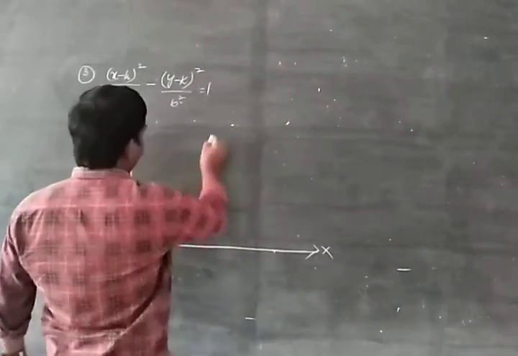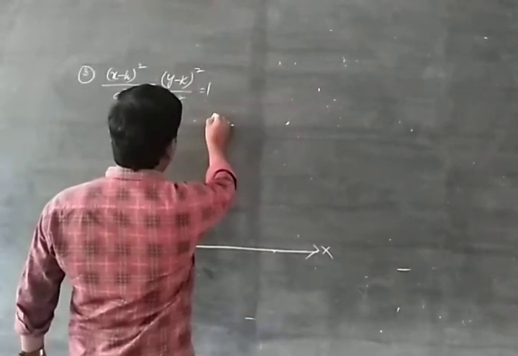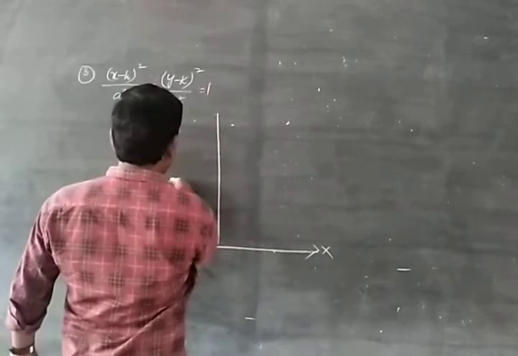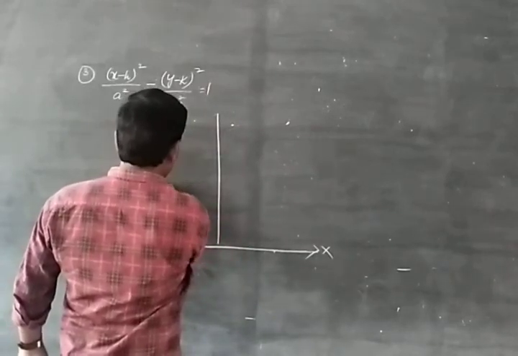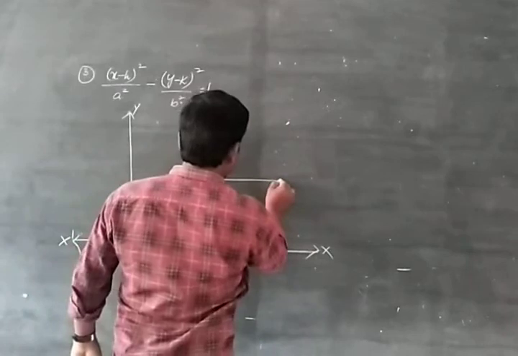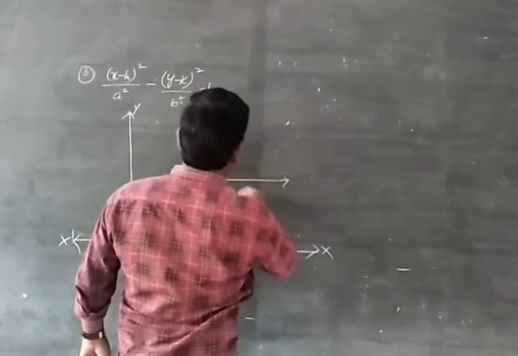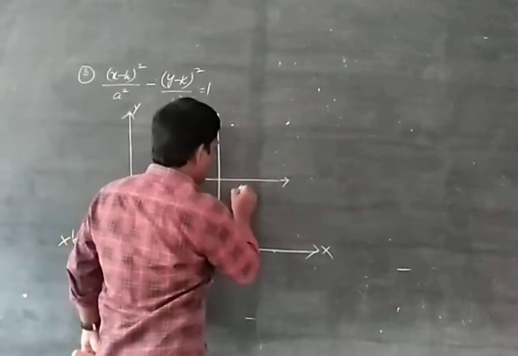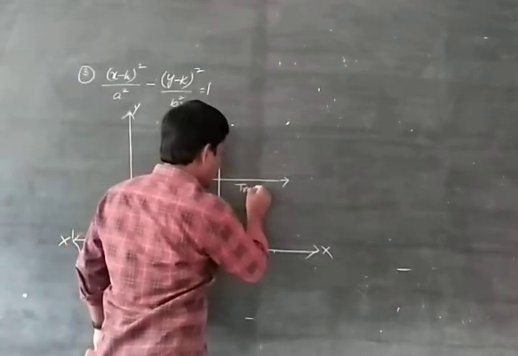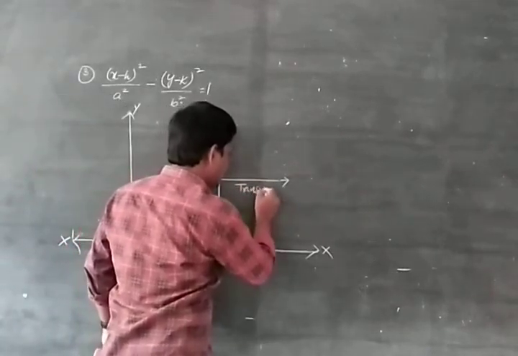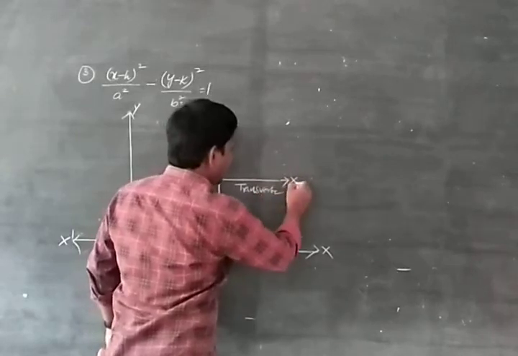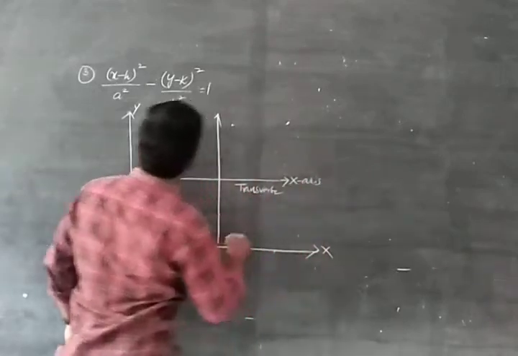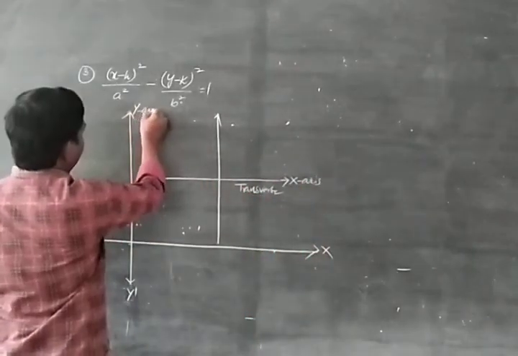This is the transverse axis, which means the x axis, and this is the y axis.